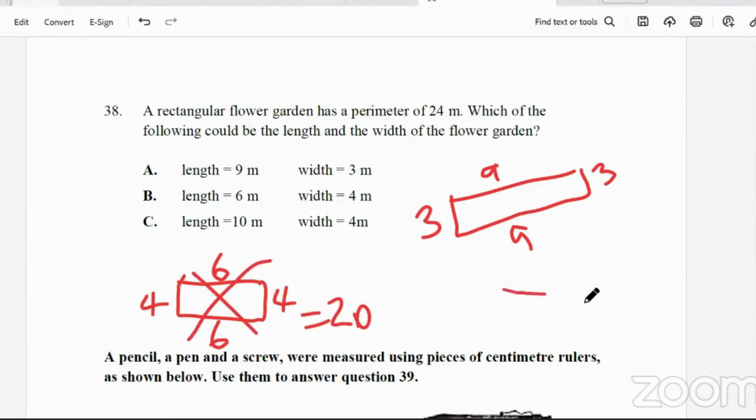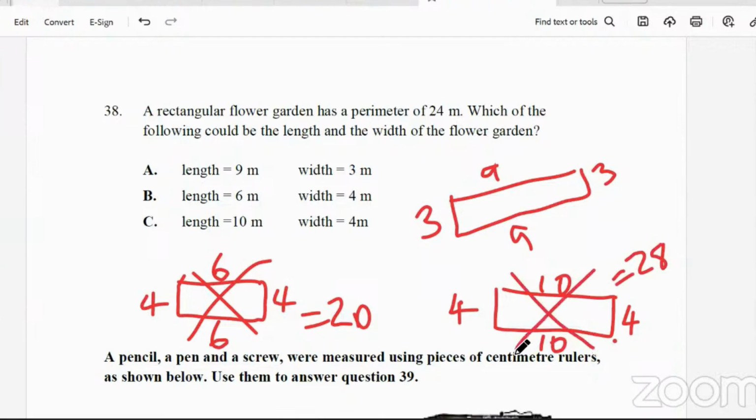Okay, let's try the other one. 10, 10, 4, and 4. 10 plus 4, that's 14, and another 14, that's 28. So this would have given us a perimeter of 28, and that's also incorrect. The perimeter is 24, so our answer is A. Remember, guys, the perimeter is the distance around the shape, so you have to add all the sides.